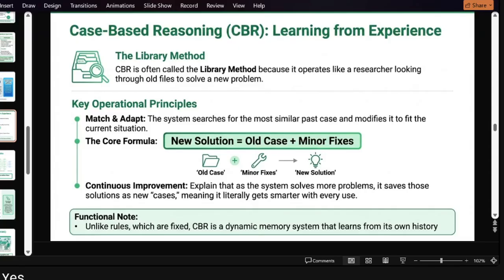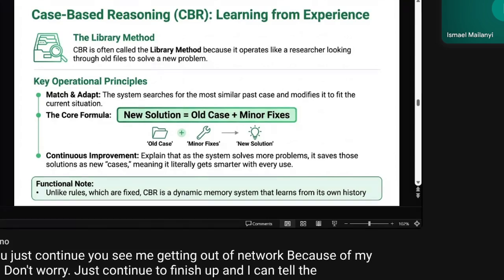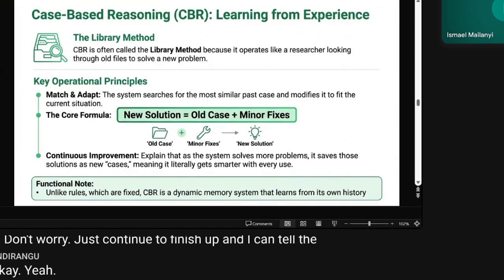So you just continue. If you see me getting out of network because of my battery, don't worry. Just continue, finish up, and I can tell the class we can end here, and then we plan another time for this class. So this will be the last presentation. So Mark, just finish it up.